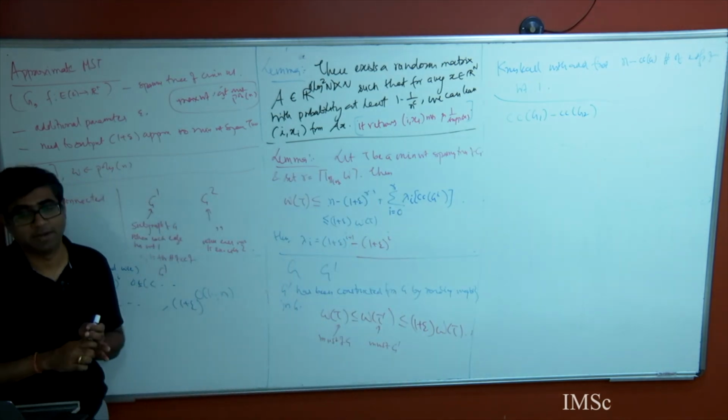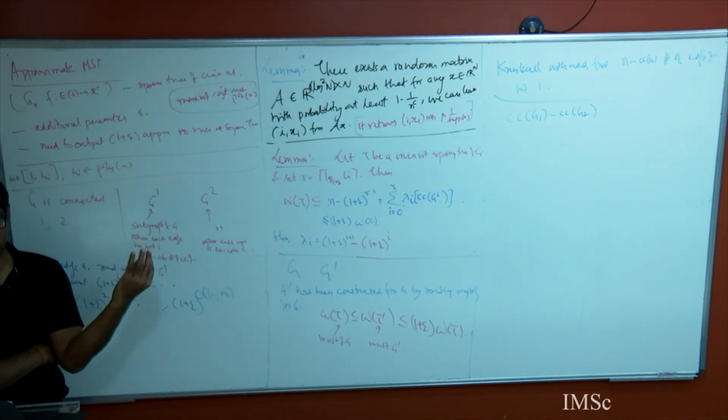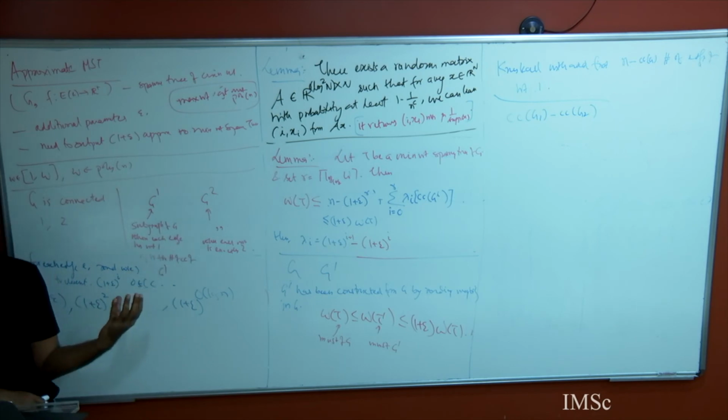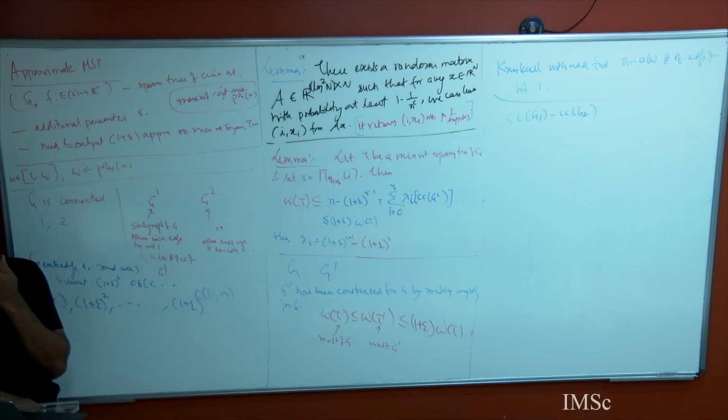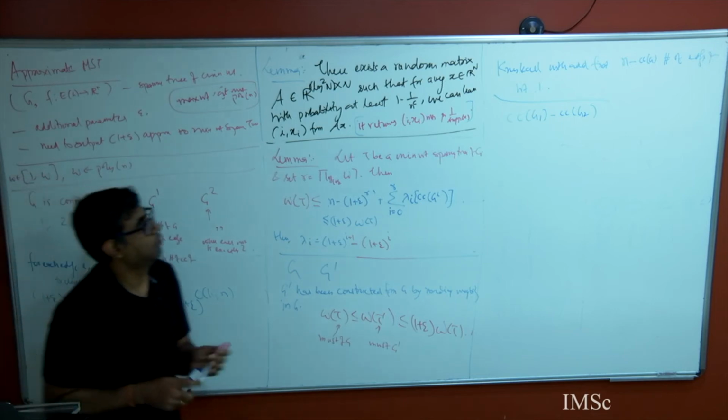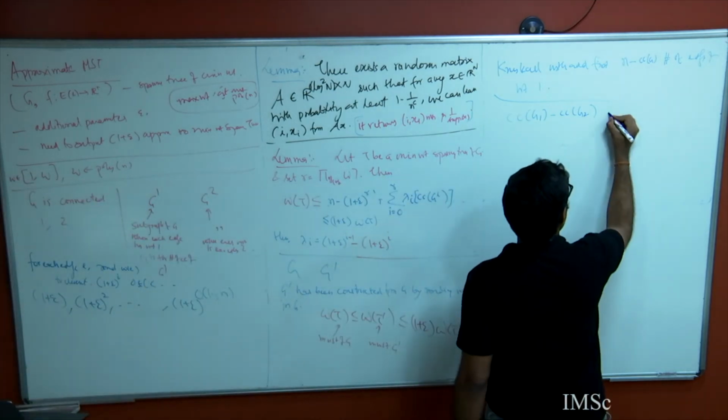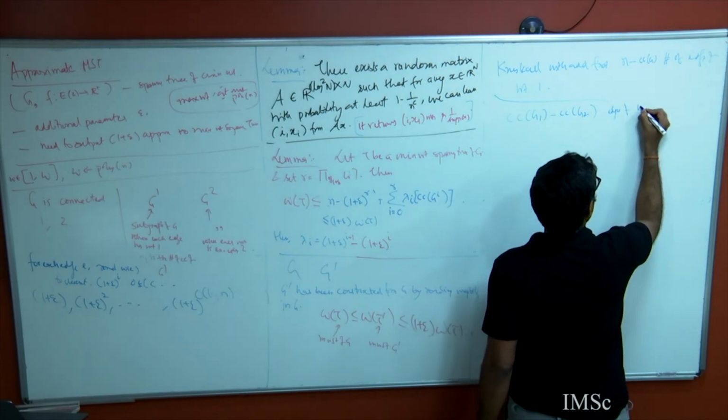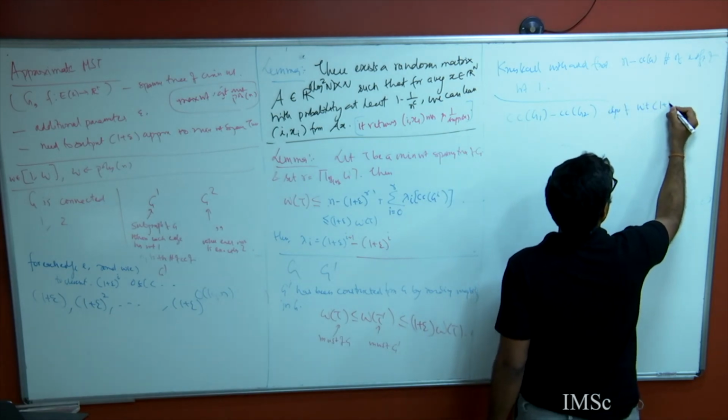This much you will add, because look at the connected components of G2. I claim you will add this many edges of weight 1 plus epsilon.